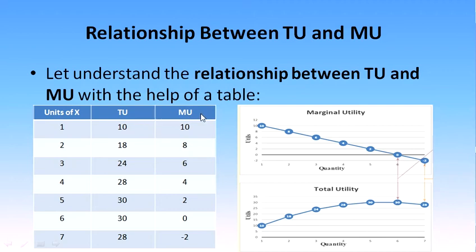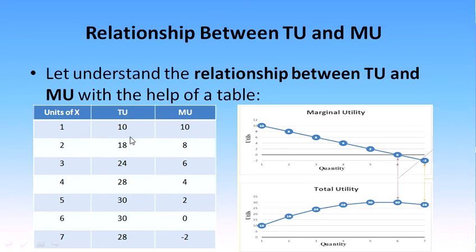Now, what happens to marginal utility? As the consumer consumes the units of commodities, the marginal utility we can see is continuously falling. So here the total utility is increasing but at diminishing rate, but the marginal utility is continuously falling. So how have we calculated this marginal utility?